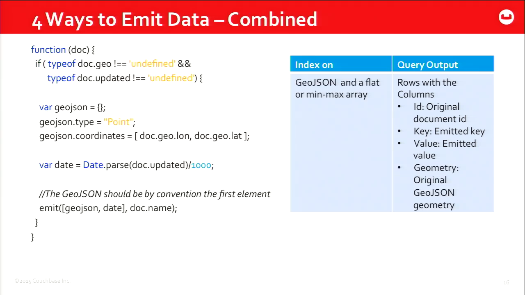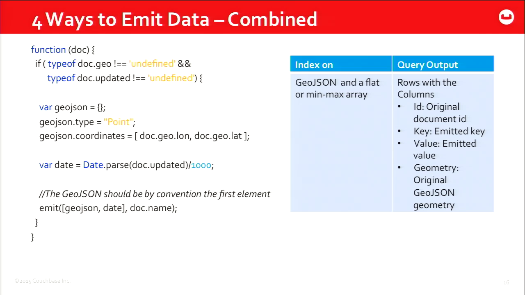Okay, and the last way is to combine this. You can easily combine, as mentioned before, this geographic data with as many dimensions as you would like to have. Our view definition can look like this.